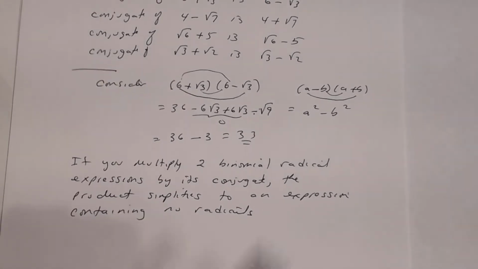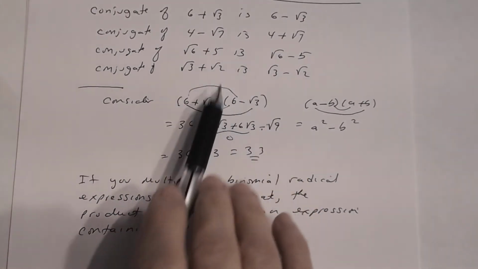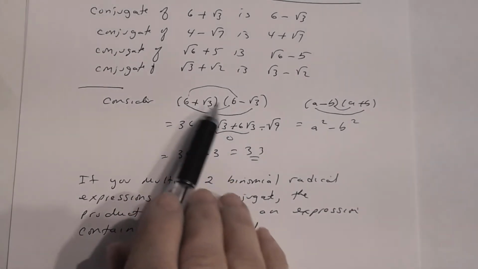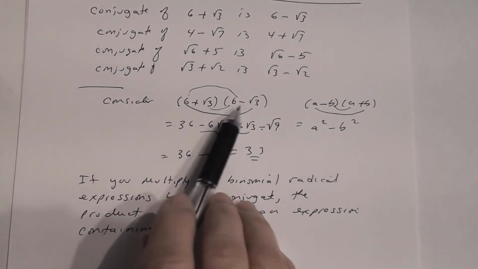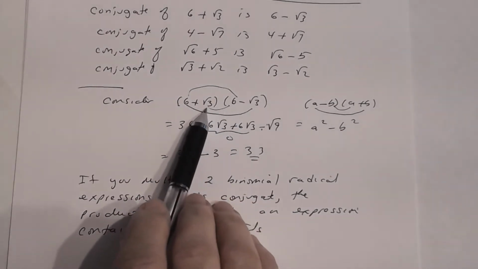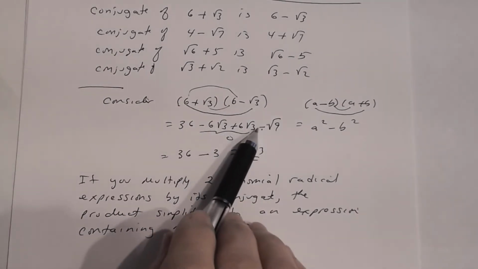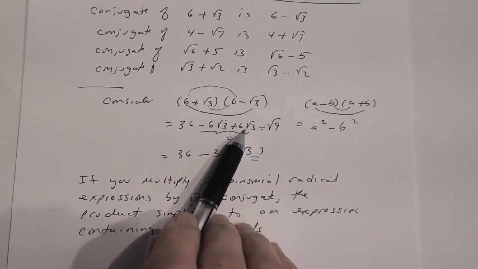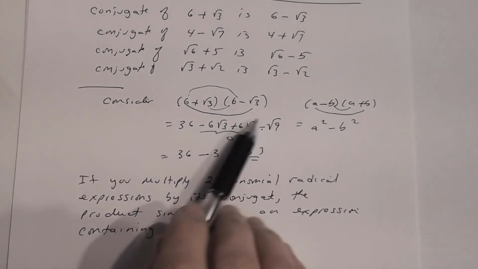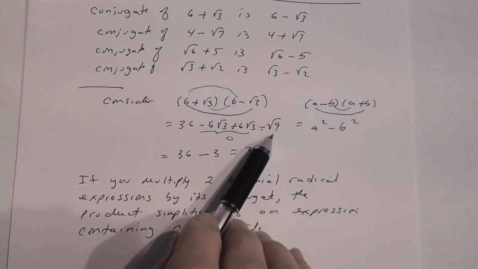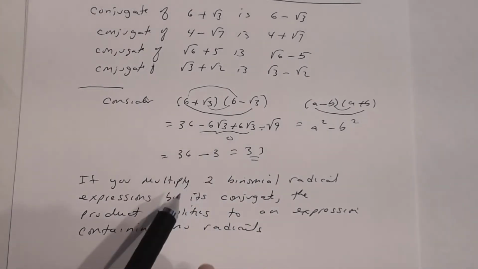Okay? All right. So for example, let's actually multiply these out, and in the process, I want to talk about this. Remember, if the first terms are alike and the last terms are alike except for the signs, the outer and the inner will always have to be 0. So all you're doing is just taking 6 and squaring it, and then taking the square root of 3 and squaring it. So you get 3. Okay? So that's all you're doing.